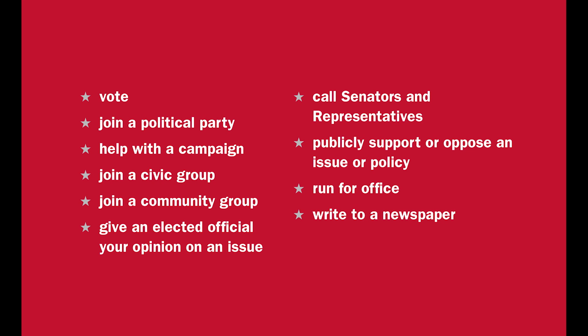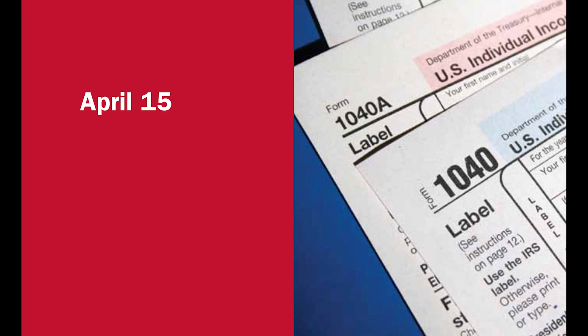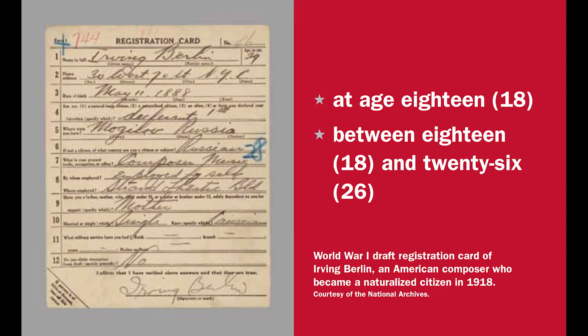Publicly support or oppose an issue or policy. Run for office. Write to a newspaper. When is the last day you can send in federal income tax forms? April 15th. When must all men register for the Selective Service? At age 18. Between 18 and 26.